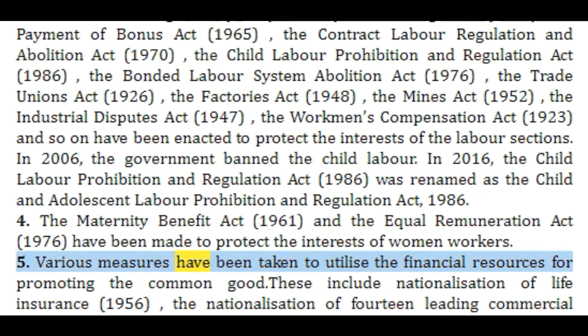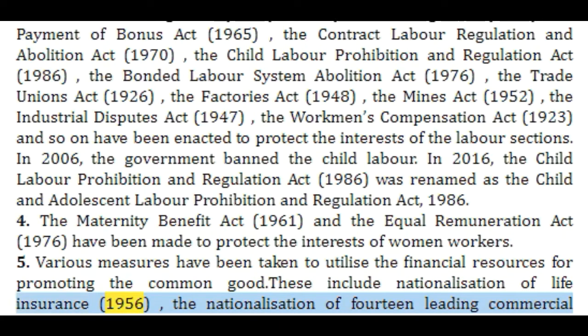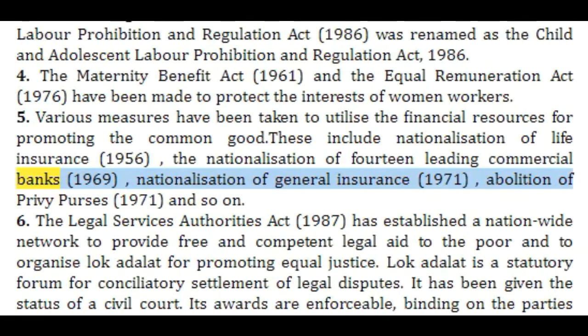Various measures have been taken to utilize the financial resources for promoting the common good. These include nationalization of life insurance, 1956, the nationalization of 14 leading commercial banks, 1969, nationalization of general insurance, 1971, abolition of privy purses, 1971, and so on.